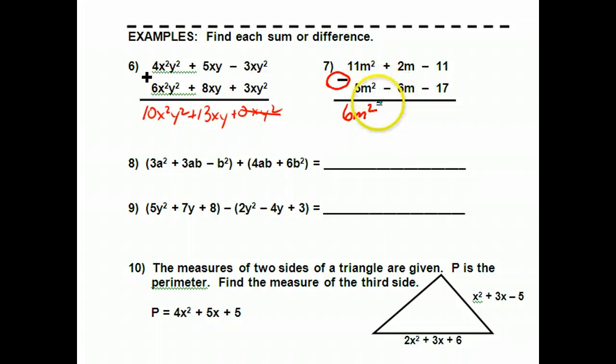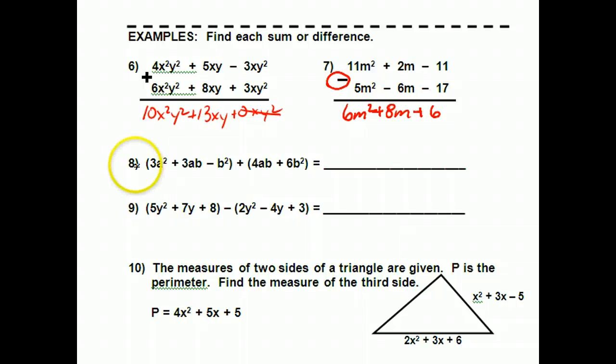So 2 plus 6 gives me plus 8m. And here, negative 11, 2 minus signs gives me a plus. Plus 17 is going to give me plus 6. Okay, minus 11 plus 17 gives me plus 6. So it's like I have to deal with the distributive property there.